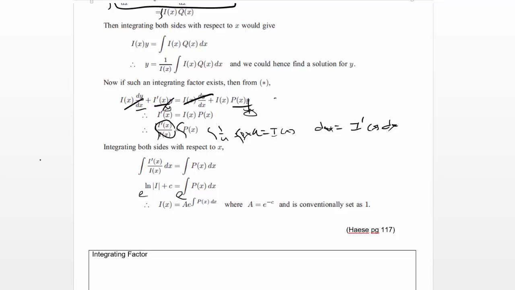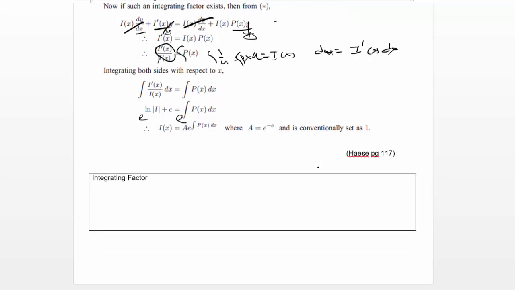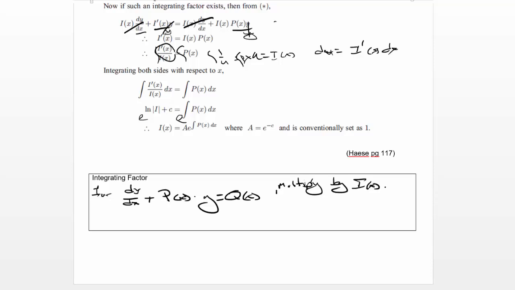Put all this together, and it turns out that for differential equations of this type, again, for differential equations of the type dy/dx plus some function of x times y, and this equals some other function of x, for this type, the integrating factor, multiplying through by this integrating factor, is e to whatever the antiderivative of p of x is.